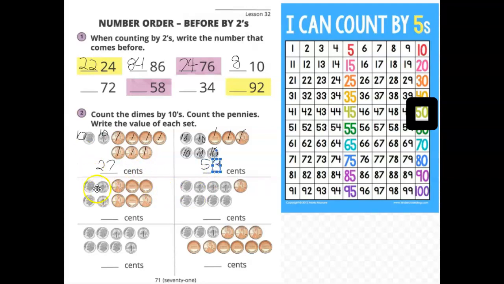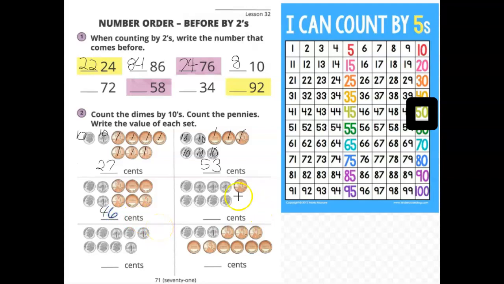Okay, let's do it again down here. So we have 10, 20, 30, 40. Now we're going to count by ones. 41, 42, 43, 44, 45, 46. 46.